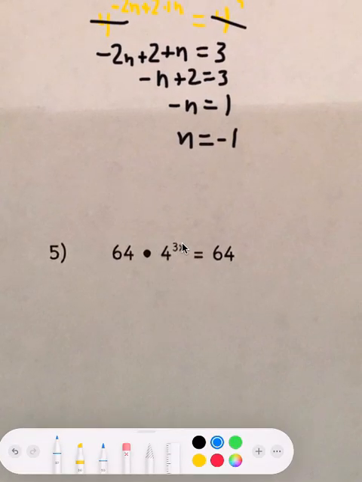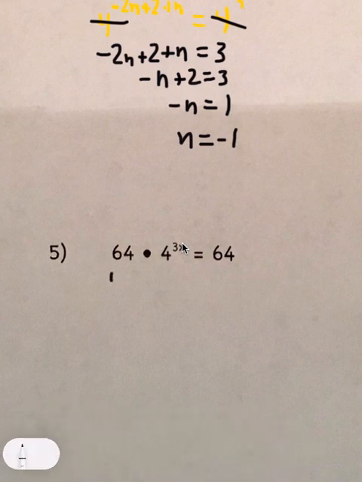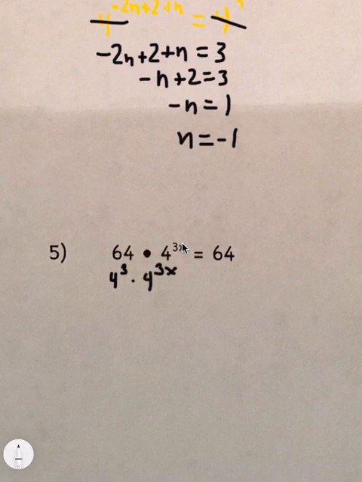All right. Number 5, a couple different ways we can do this one. I'm going to do it straight powers. 64, I'm going to use 4 as my base. So 4 to the 3rd times 4 to the 3x equals 4 to the 3rd. So when we multiply, that means we're adding.